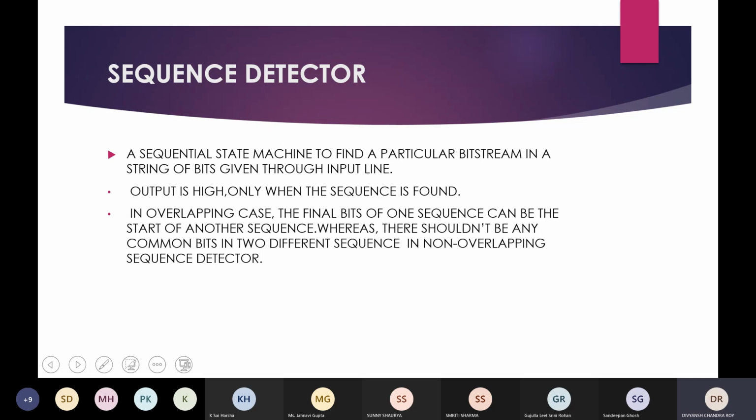Can anyone tell me what will be the difference between the circuit of Mealy and Moore model? Hello. Can anyone tell me what will be the difference between the circuit of Mealy and Moore machine?